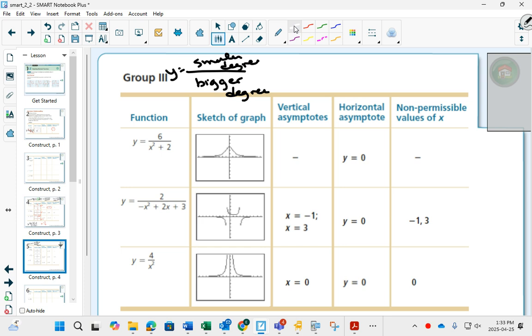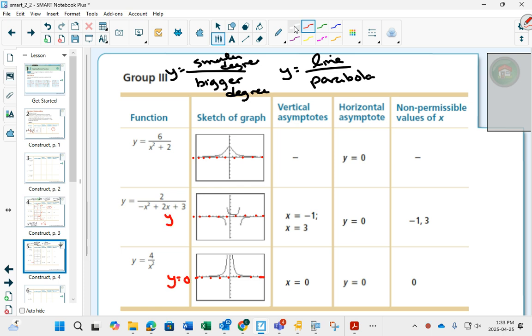This is smaller degree on the top, bigger degree on the bottom. So they're usually a line on the top and a parabola on the bottom. A bigger degree on the bottom. And this has an interesting situation that happens. It's really predictable.